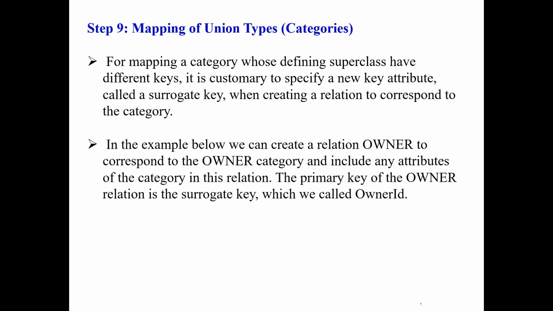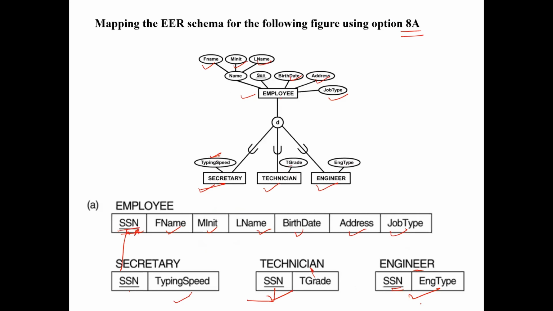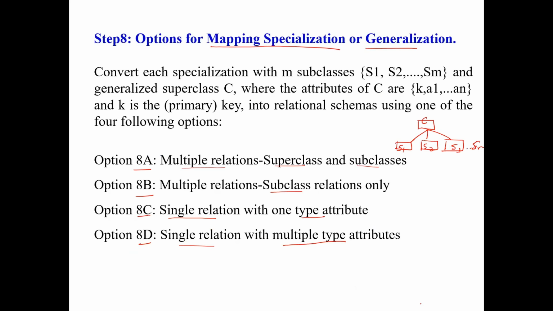Okay. Next. So here we have studied all four options: option 8A, 8B, 8C and 8D. When there is a superclass-subclass relationship with disjoint or with overlapping, or with total participation or partial participation, based on all these categories we have to apply either option 8A, 8B, 8C or 8D.